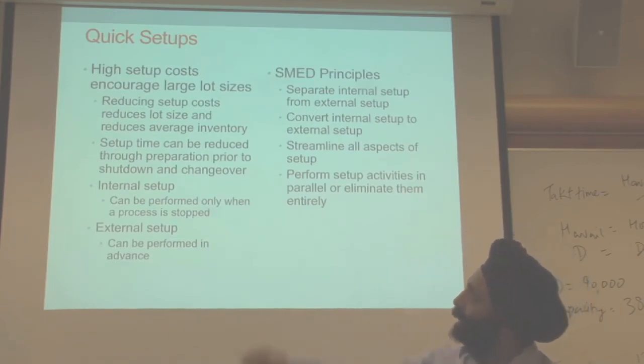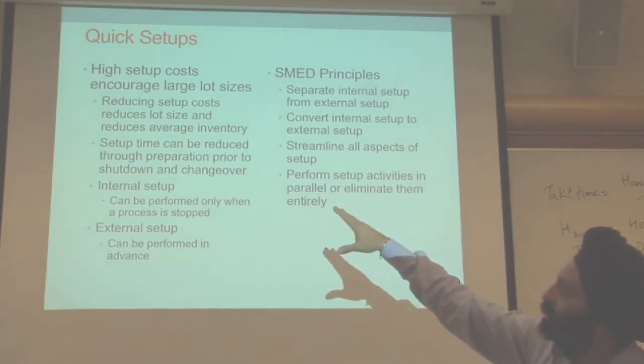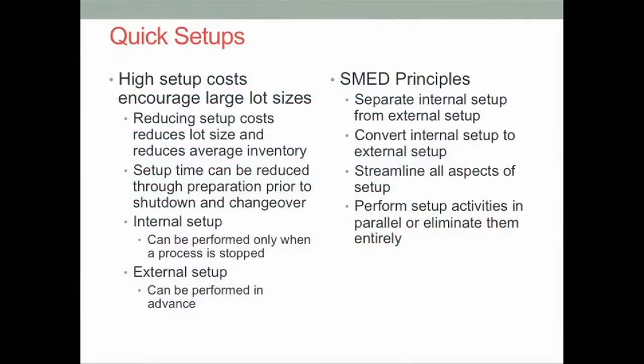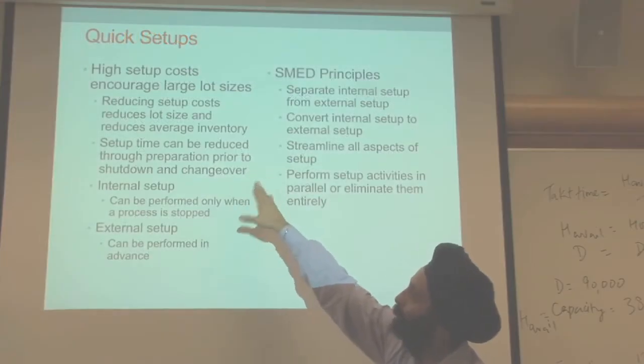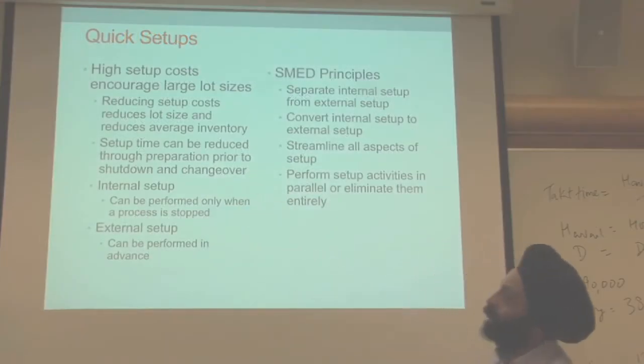High setup cost encourages large lot sizes, but reducing setup cost reduces the lot size and reduces average inventory. Setup time can be reduced through preparation prior to shutdown and changeover.